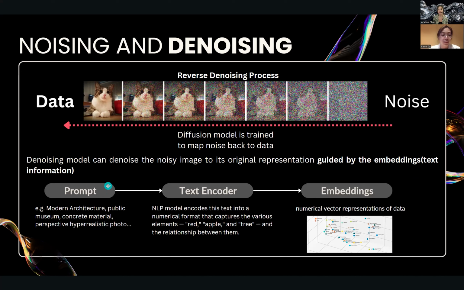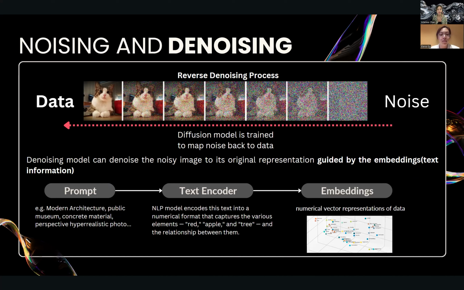The procedure is that we have a prompt, which is basically text saying what kind of architecture I want: modern architecture, public museum, concrete material, perspective, hyperrealistic photo. That is how you want the image to look.